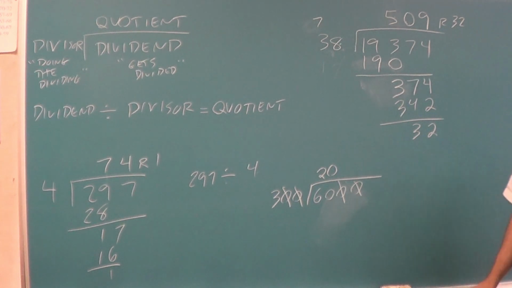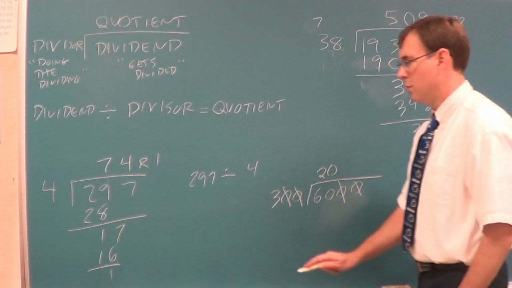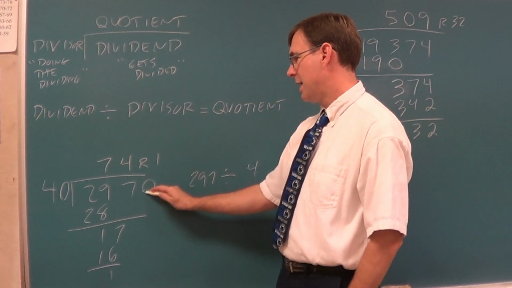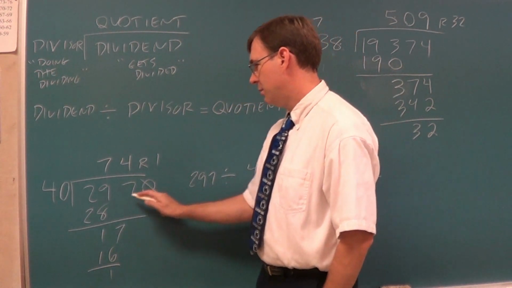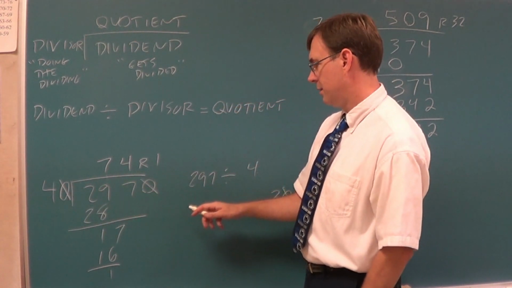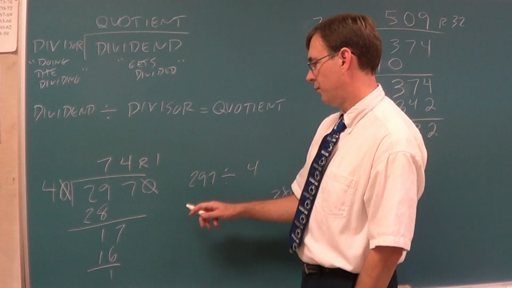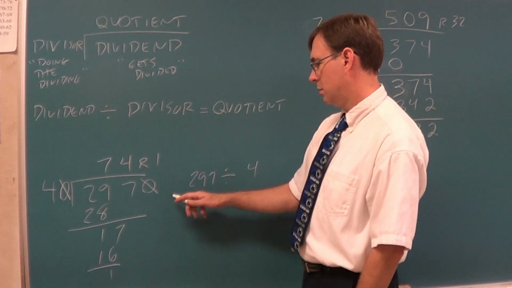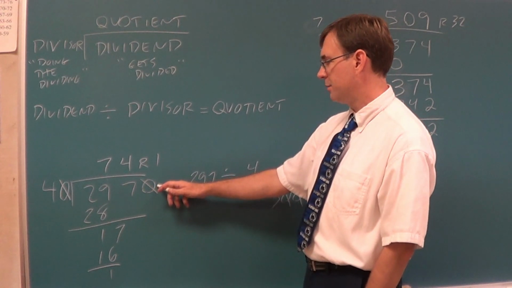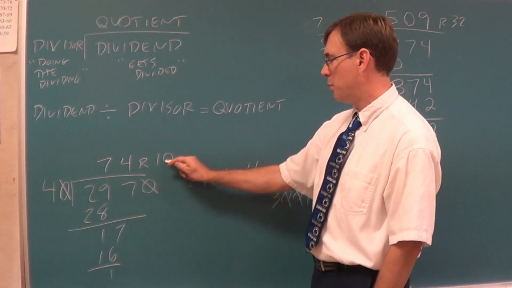If you did that and the question had a remainder, I'm trying to think what that would do. So if I went back here and I'm doing 40 into 2970 and you ditched those zeros and did the division, I would have to remember that I ditched some zeros. It would reappear on the remainder.